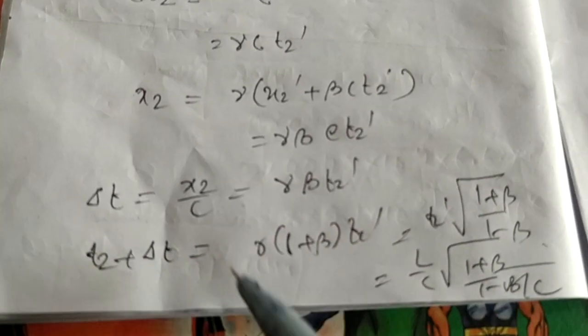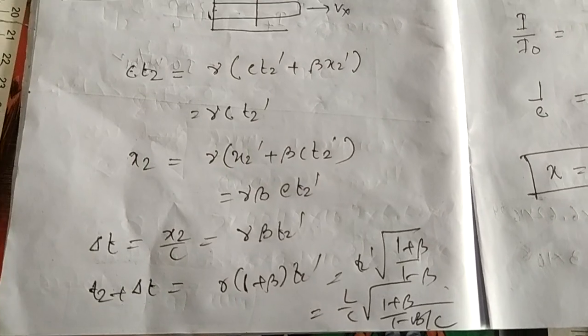So the observer in the F frame will receive this signal or light beam at T2 plus del T. And T2 dash here is L by C. This is the result. Just calculate this, you will get this.